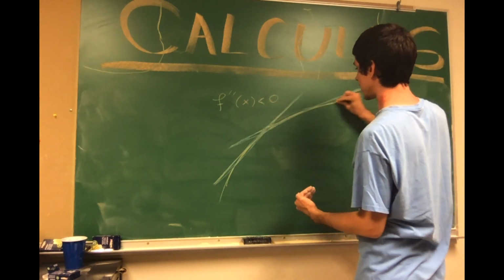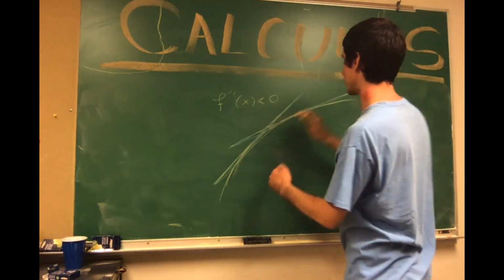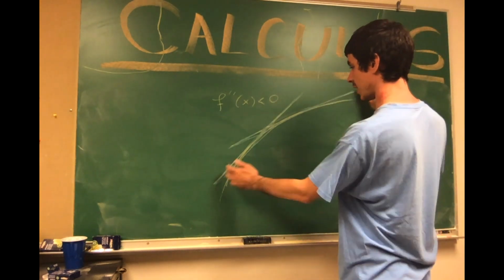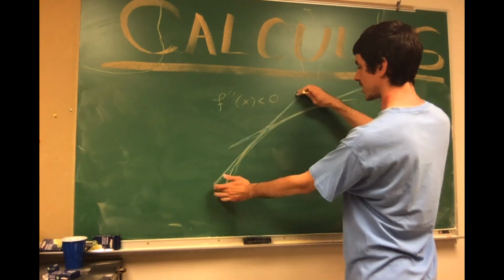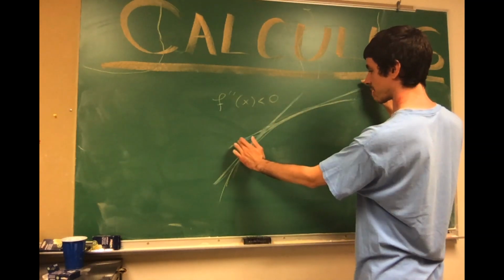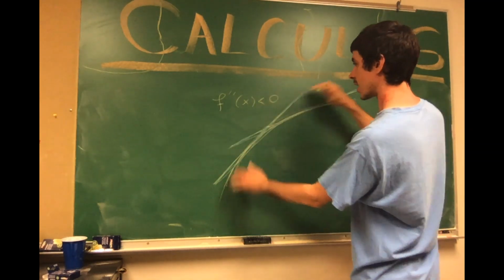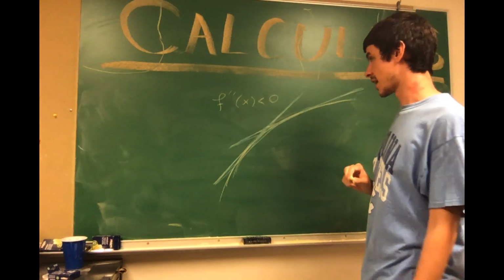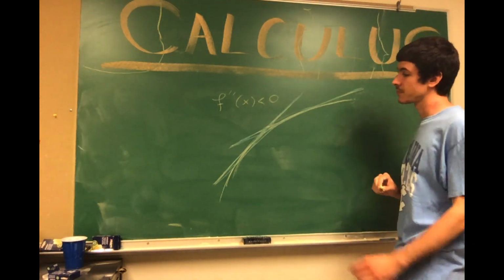So that means that the entire tangent line is above the graph. All these tangent lines are above the graph, and that corresponds exactly to the second derivative being negative.